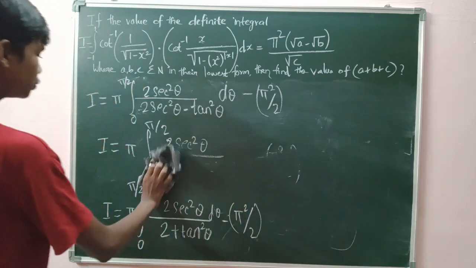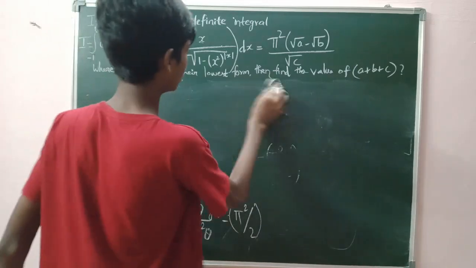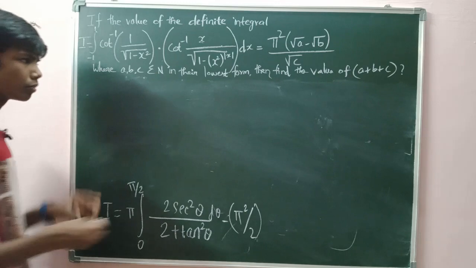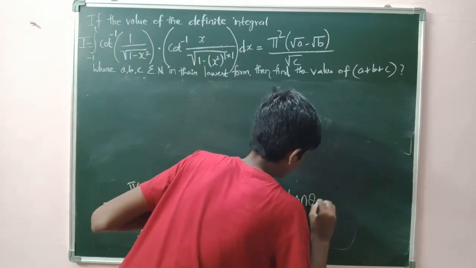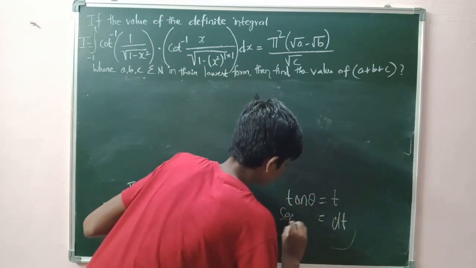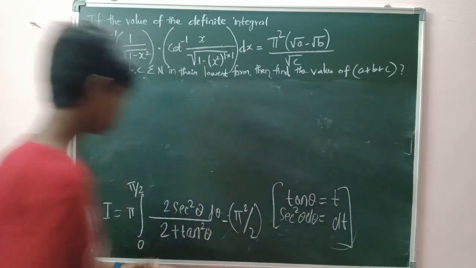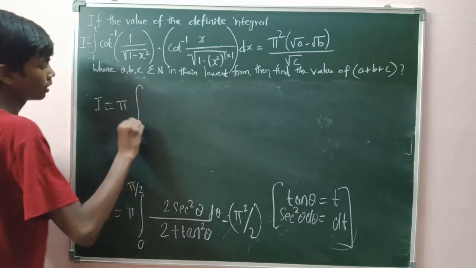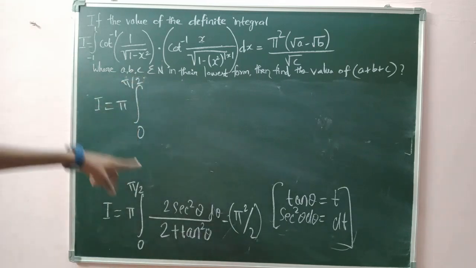So again I'm going to use a substitution, which is an important substitution for this question on the final touch. From this I can observe that I can take tan theta is equal to some t, then dt will be nothing but secant square theta d theta. So when you do the substitution over here, let it as I is equal to pi times of 0 to pi by 2 2 secant square d theta.